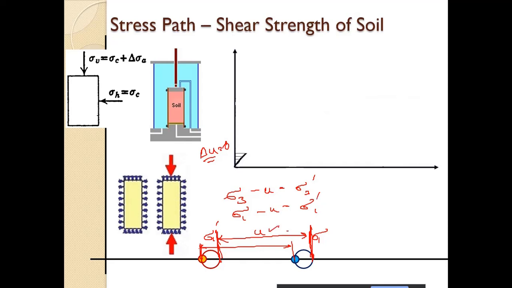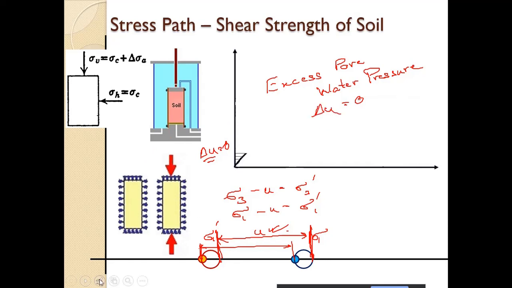So U is remaining constant, that is hydrostatic pressure, or in triaxial terms we call it the back pressure. The constant back pressure is maintained, and we do the shearing in a drained condition. All right, drained condition means excess pore water pressure delta U is equal to 0.